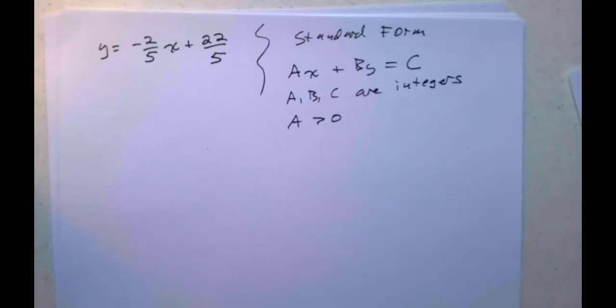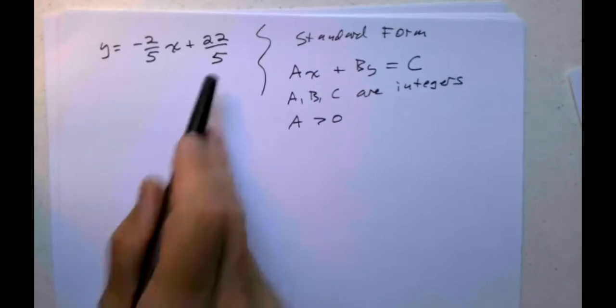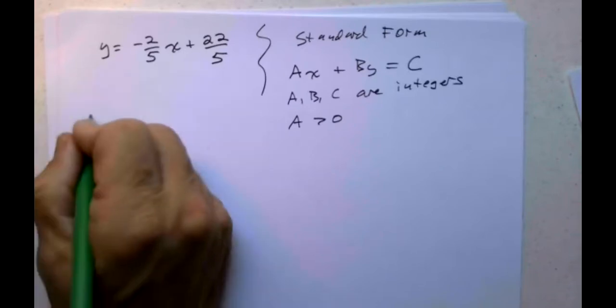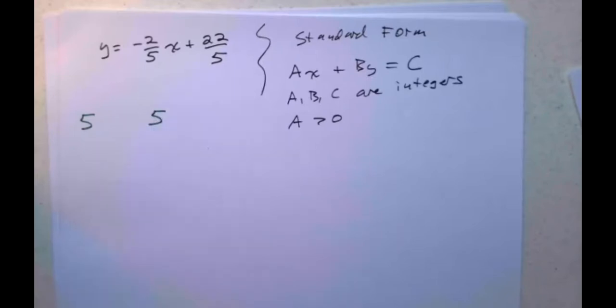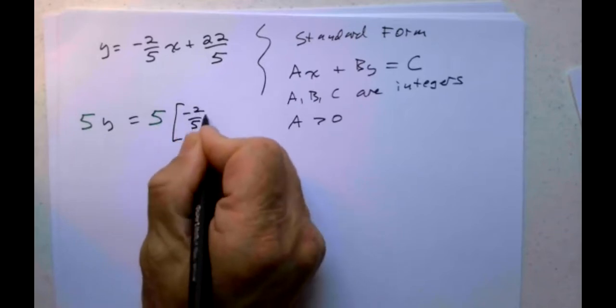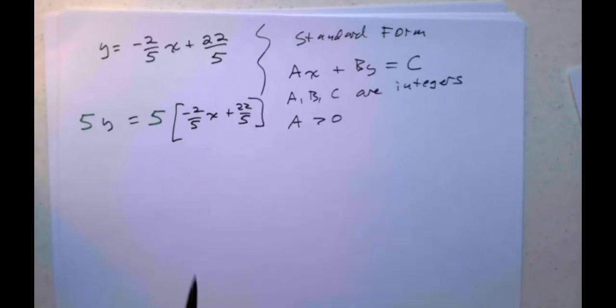Those are the rules that we need to rewrite something in standard form. So looking at my original equation, y is negative 2/5 x plus 22/5. I'm going to multiply both sides by the common denominator, which is 5. So I get 5y equals 5 times negative 2/5 x plus 22/5.